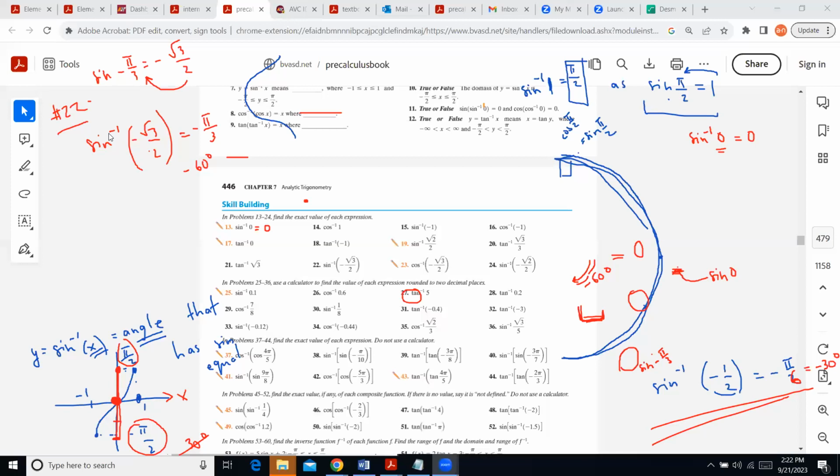Let's say in some cases, what do you mean when it doesn't help? Well, the restriction of your domain and range. That's the key idea. That function is really restricted between negative and positive pi over 2.